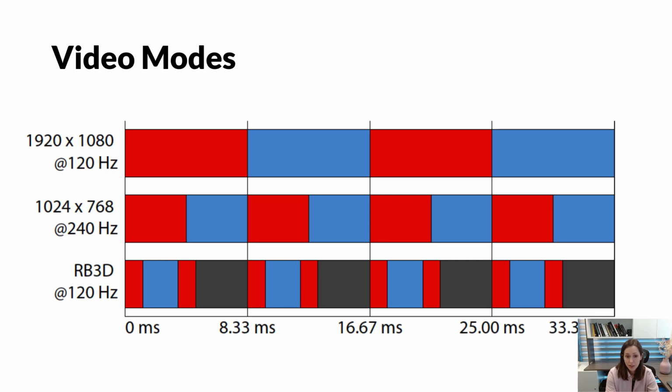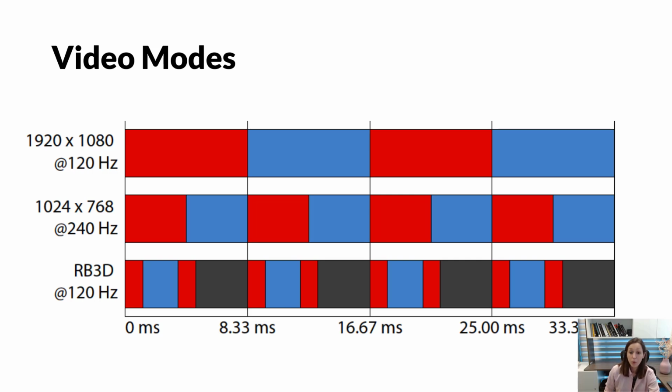So effectively, new stereo pairs will be presented sequentially every 16.66 milliseconds, or effectively at 60 Hz. We could also use a lower resolution, as we've mentioned, at 240 Hz, receiving a new pair every 8.33 milliseconds, so an effective duration per eye of 4.16 milliseconds, which means that effectively our display would run at 120 Hz.